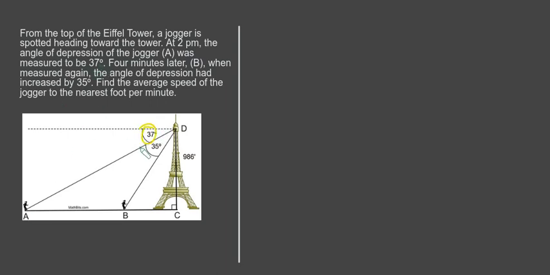So here it is, 37 degrees. 4 minutes later, so here on point B, when measured again, the angle of depression had increased by 35 degrees by this amount. Find the average speed of the jogger to the nearest foot per minute.